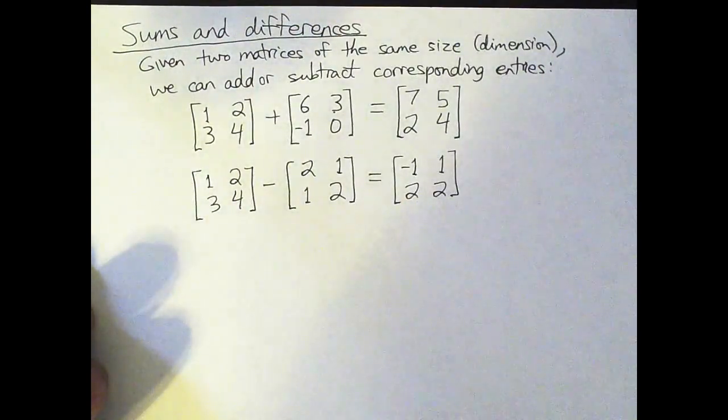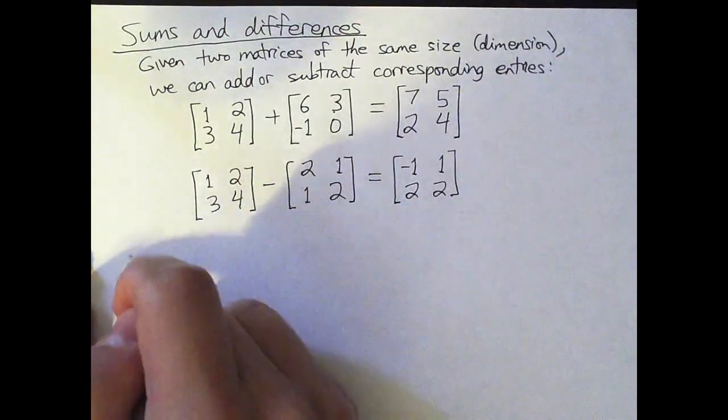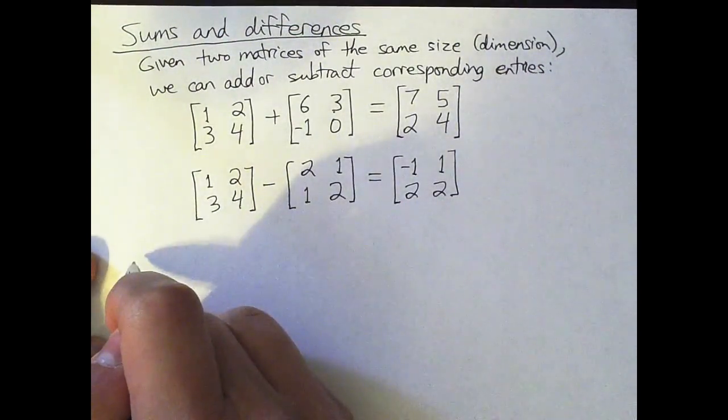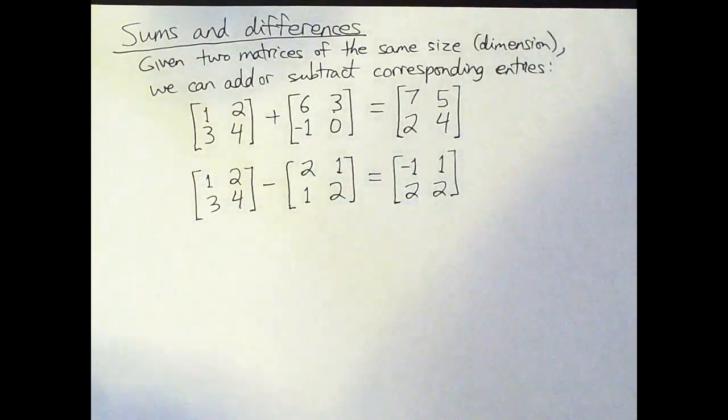What if they're different sizes? Well, I'll just say this out loud. If you're given two matrices of different size and you're asked to add or subtract them, the sum or difference is undefined. You can't do it. You can't add two matrices of different sizes.